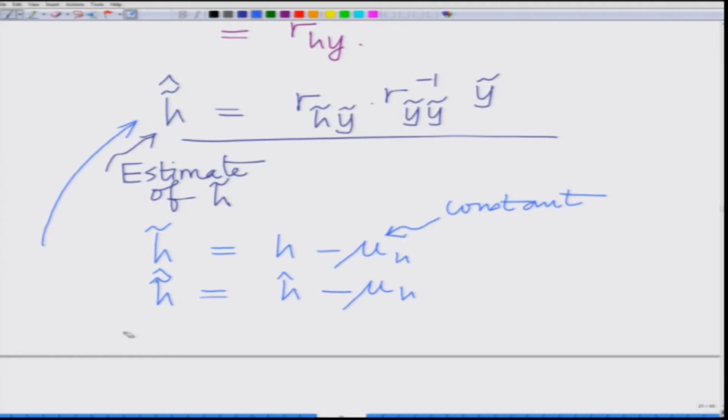So, h tilde equals h minus mu h, which implies the estimate of h tilde, that is h tilde hat, equals h hat minus mu h, where h hat is the estimate of the original parameter h. There is a simple relation.